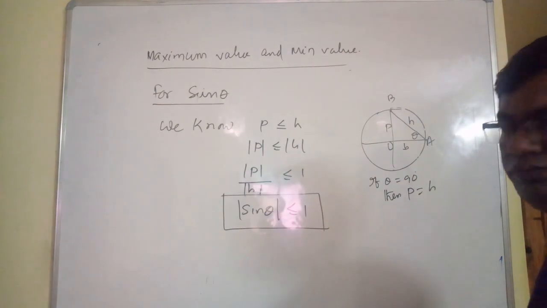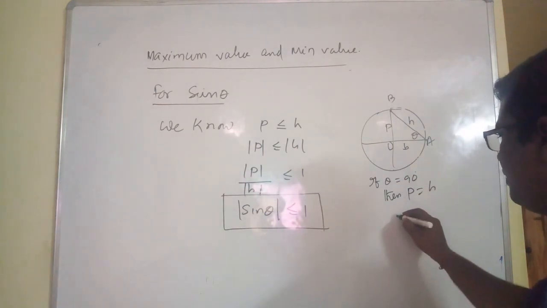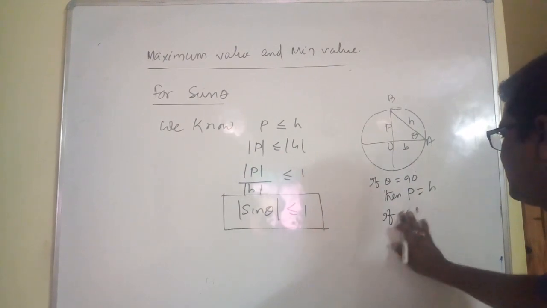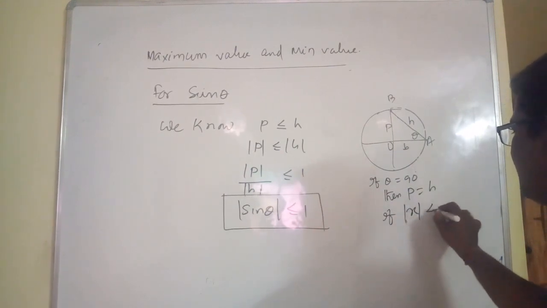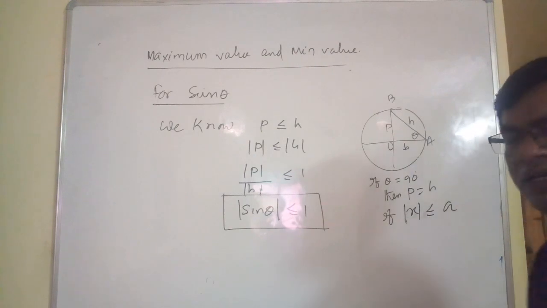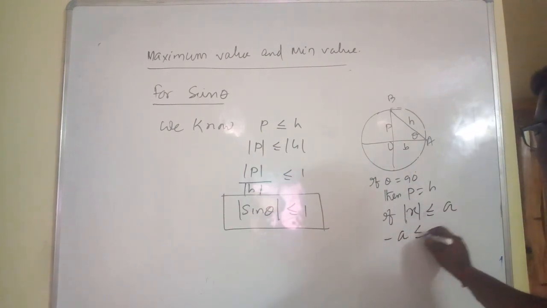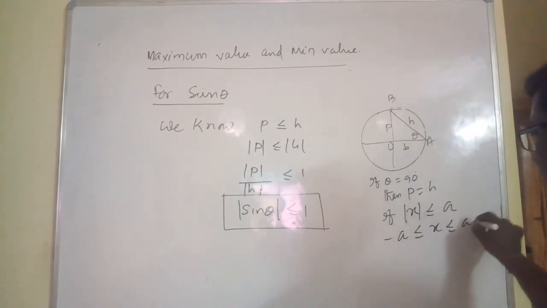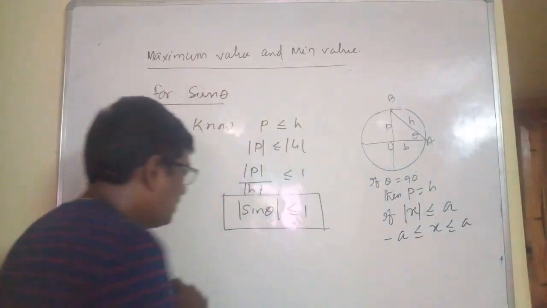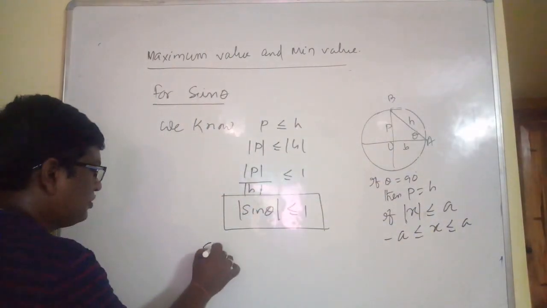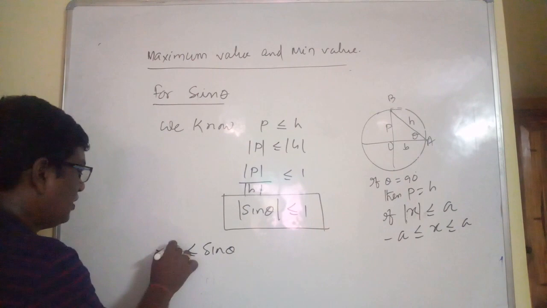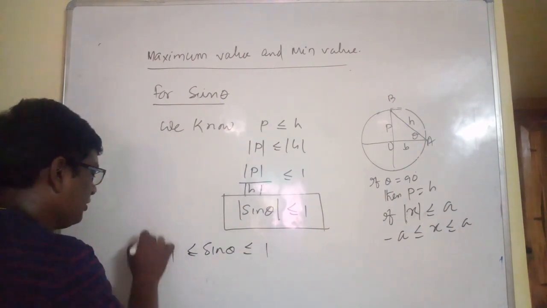We know from inequality, if mod x is less than or equal to A, we can write minus A less than or equal to x less than or equal to A. Similarly, we can write minus 1 less than or equal to sin theta less than or equal to 1. Clear?